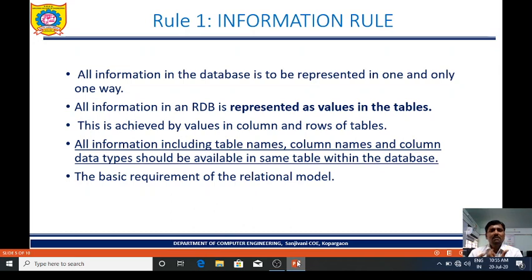In table there are one or more than one columns. That columns represent attributes, and we are going to insert values row wise. One row will represent one record. This is achieved by values in column and rows of tables.